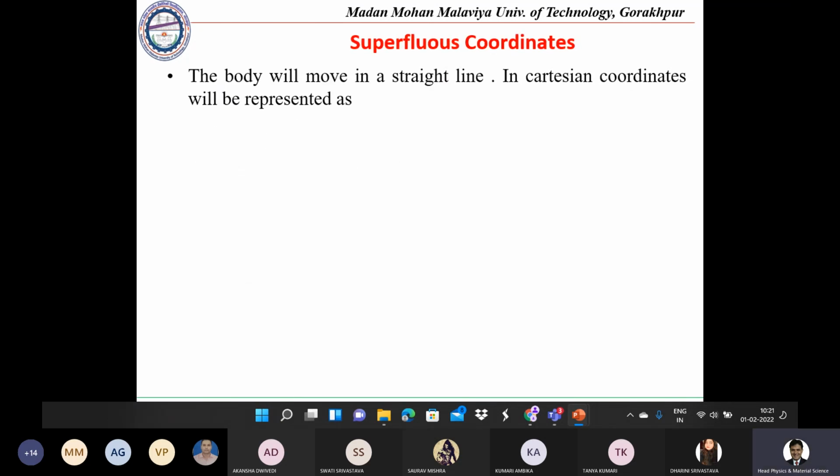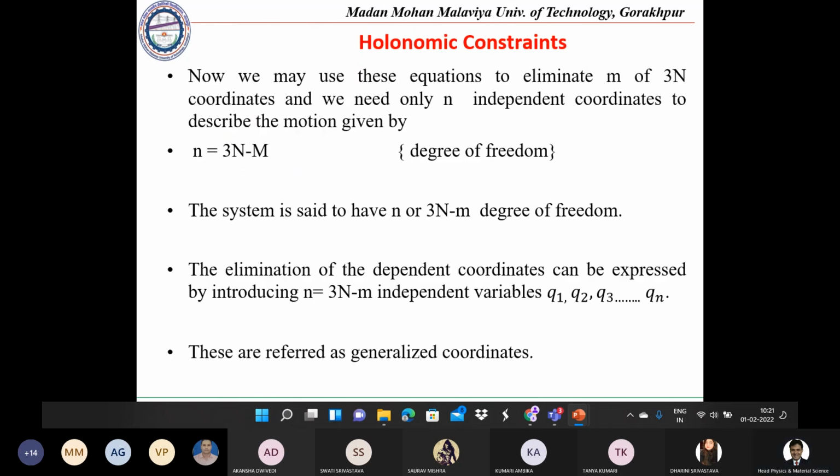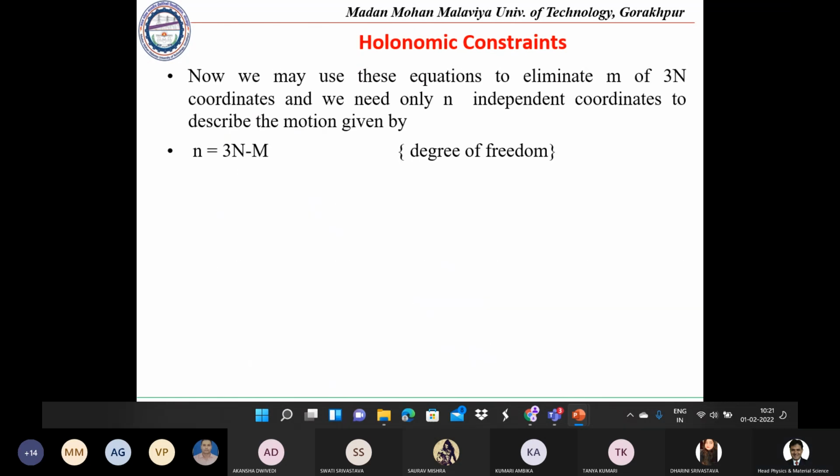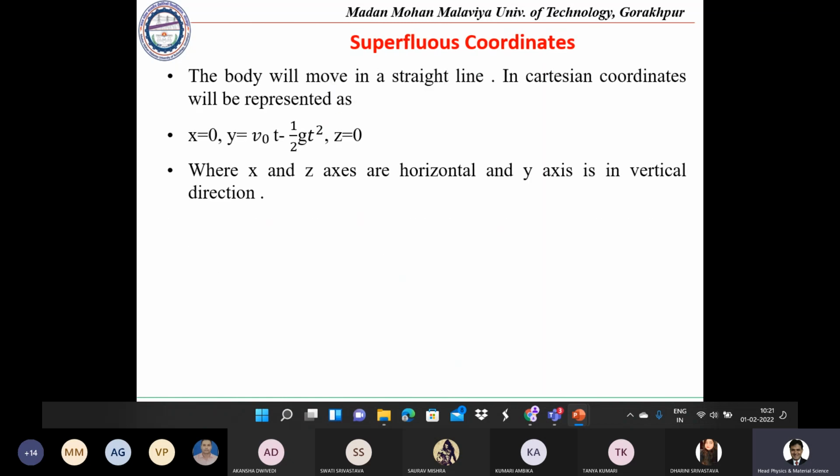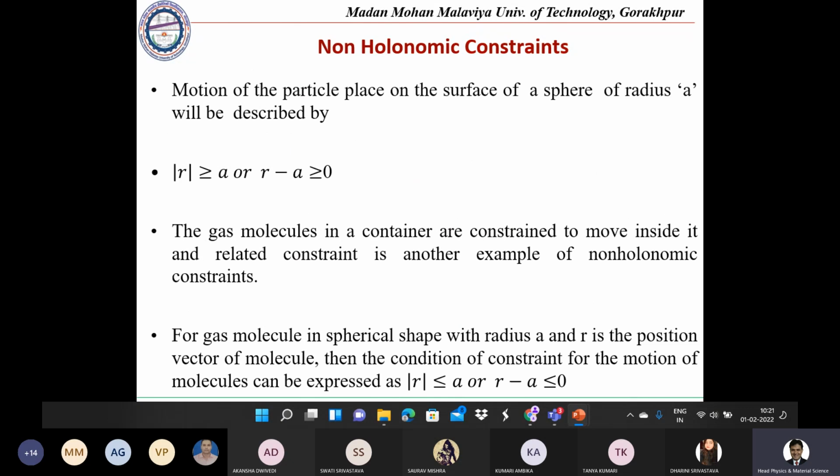Already you people might have seen one condition here. If the constraints are expressed in the form of an equation, that is f of r1, r2 up to t is equal to 0, then that is a holonomic constraint. And if that is not obeying this particular condition, then those are in the category of the non-holonomic.